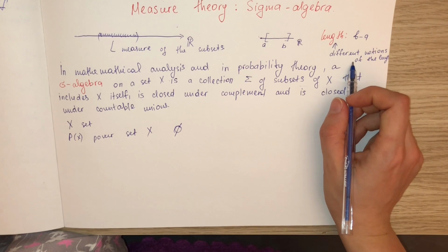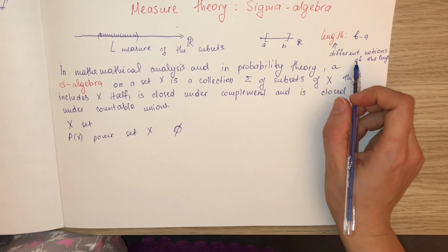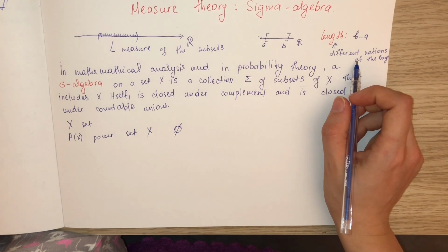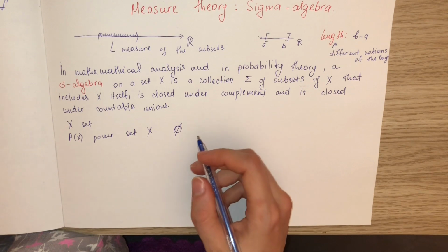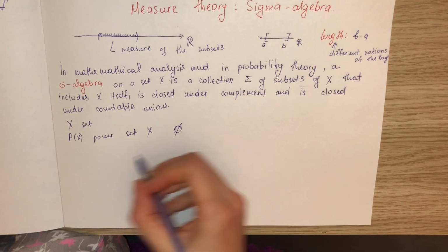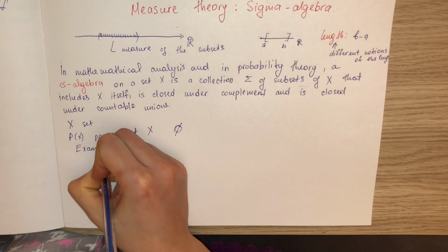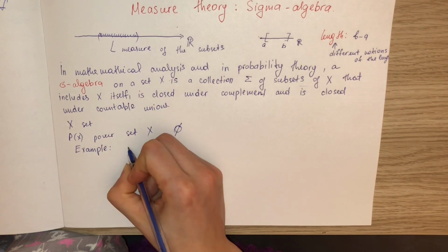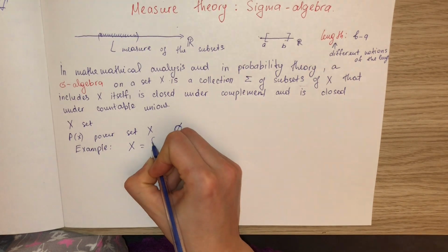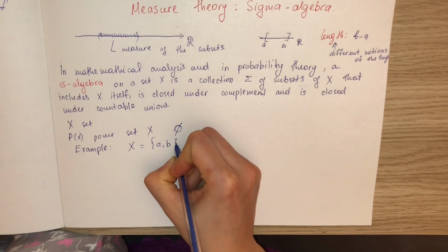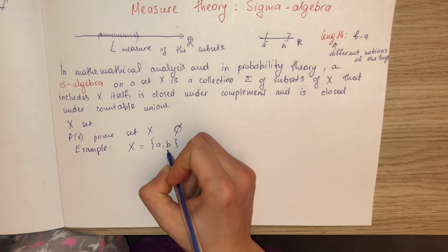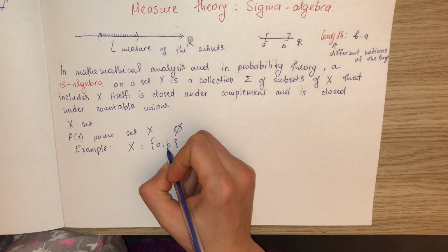So let's do an example: a set with two elements. Let's call the elements just lowercase a and b. Example: let X be just {a, b}. Then we can write down the power set.